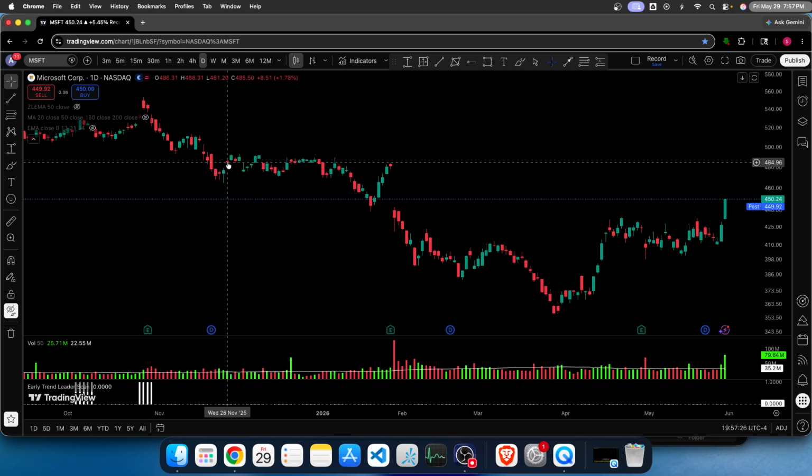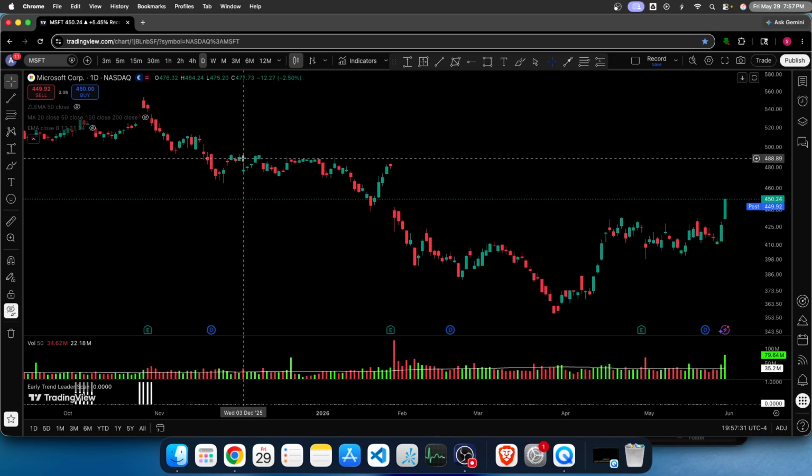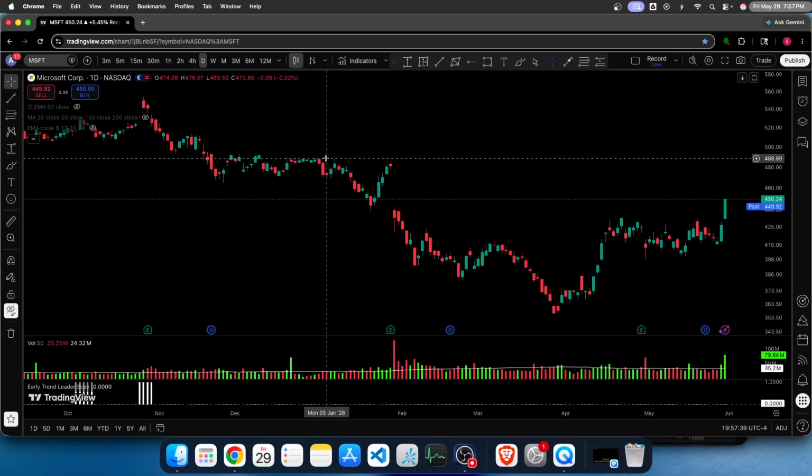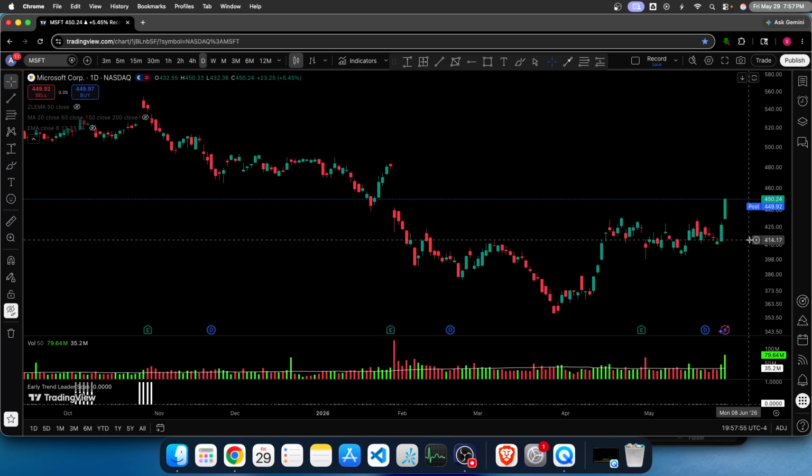In this zone, 490 is where a lot of buyers have been trapped, and they have taken every opportunity to sell at this range. So expect in the next few weeks, if the stock continues to have momentum, 490 is the level where it can come and digest the gains from the levels of 410 all the way to 490.